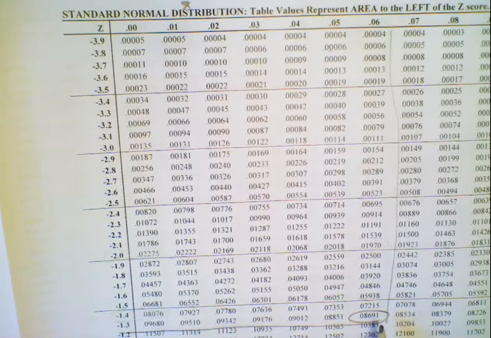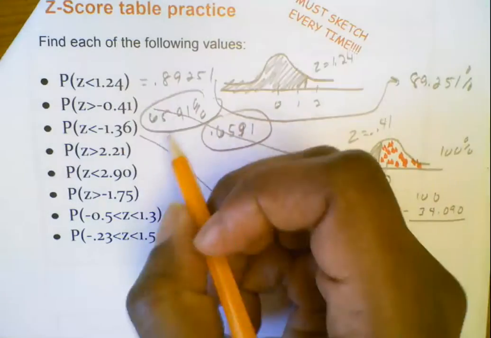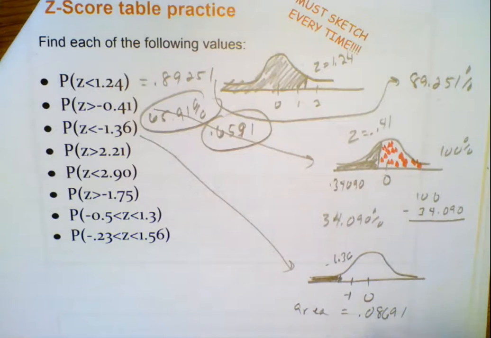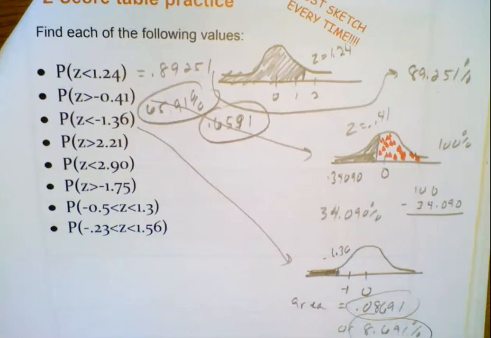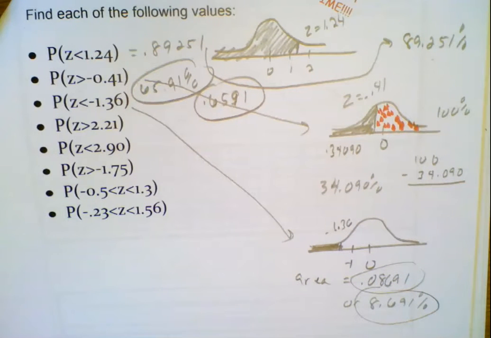So there it is, 0.08691. So this area is 0.08691 or 8.691%. All right. Hopefully getting the hang of it. That's the idea. That's what you do there.